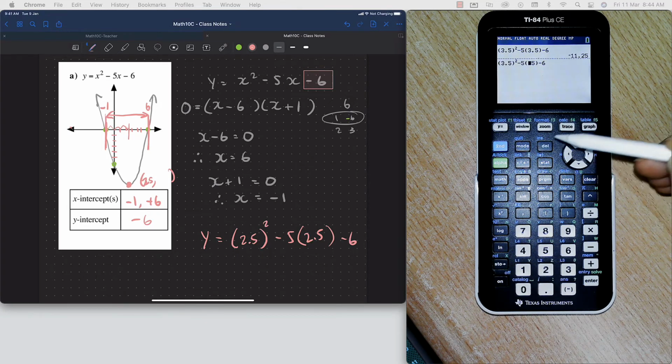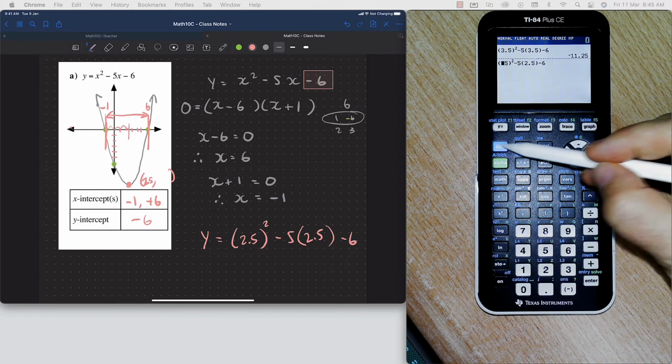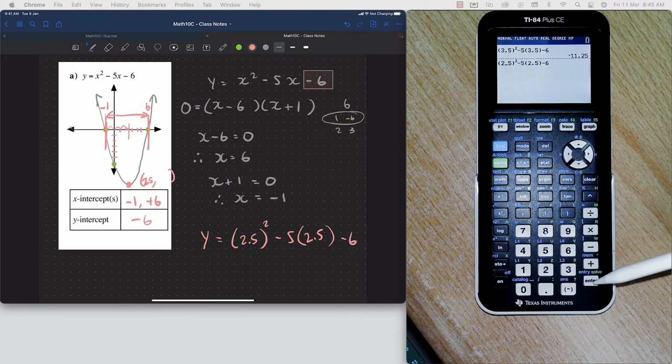So if I go delete that, insert a 2, and go back to here, and delete that, and insert a 2, and hit enter, and I get negative 12.5. Okay, so again, another honest mistake, and the calculator is, again, it's your friend. It's there to verify all these calculations that you're doing.